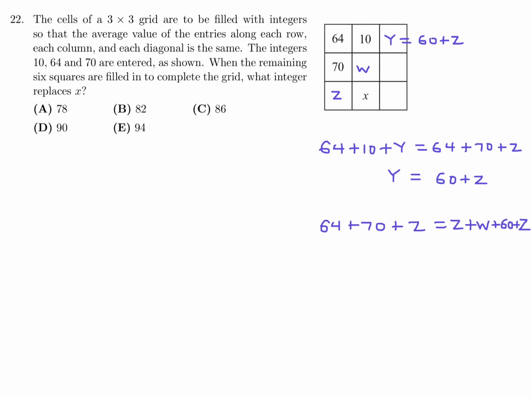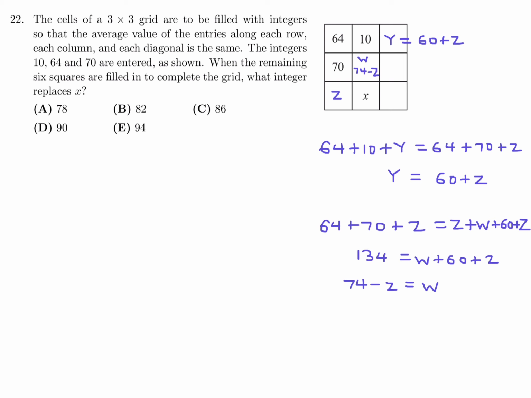So at least one of the z's cancel, and the 64 and 70 is 134, and that equals W plus 60 plus z. So that means we have 74 minus z is W. Okay, so let's put that in there. 74 minus z.